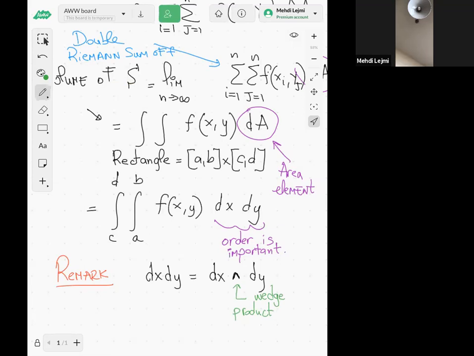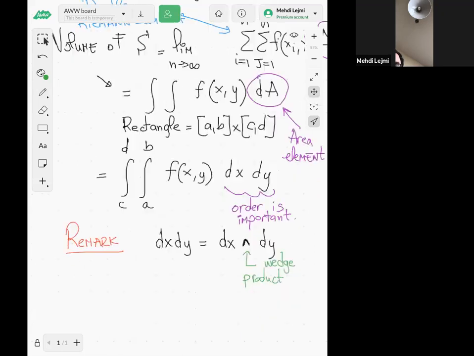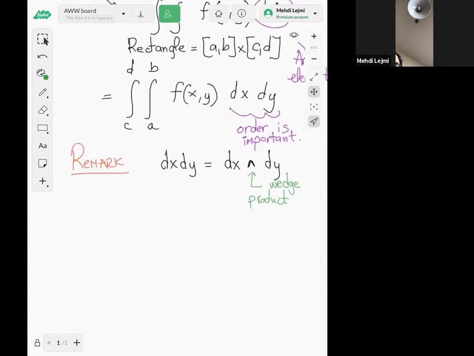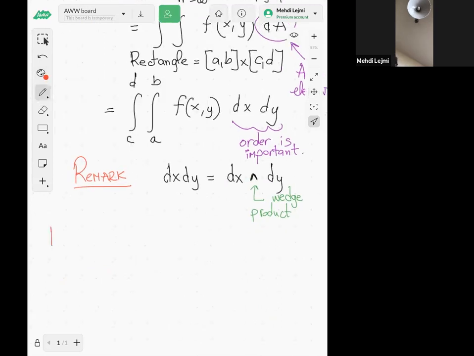Anyway, so how do we evaluate double integrals?